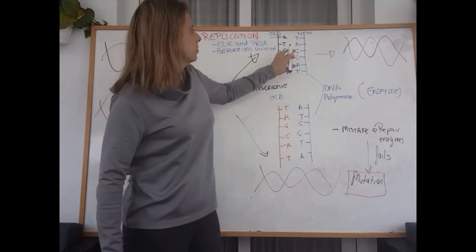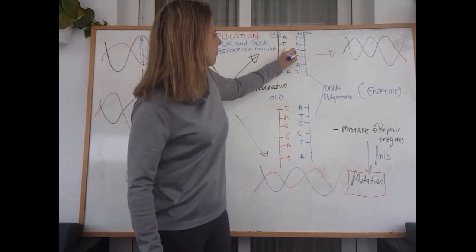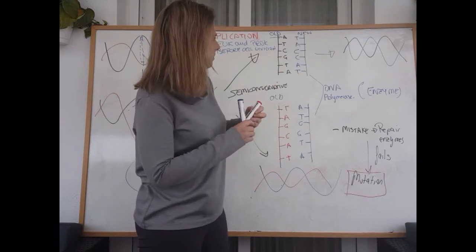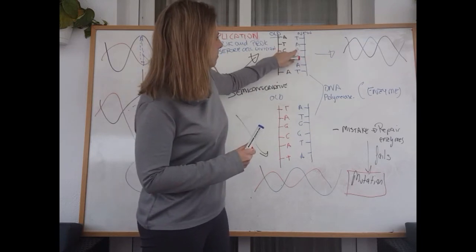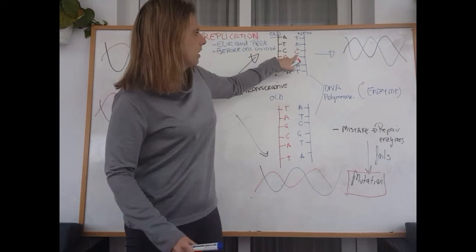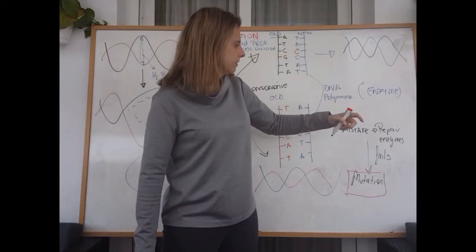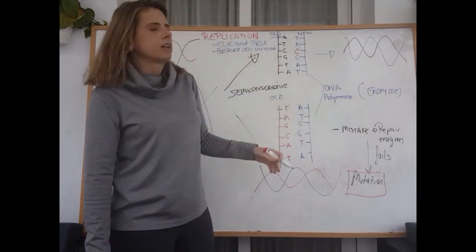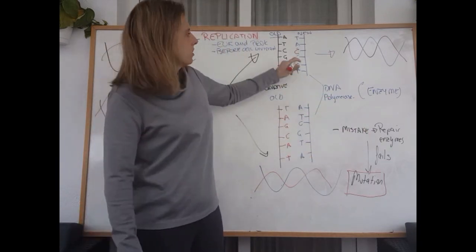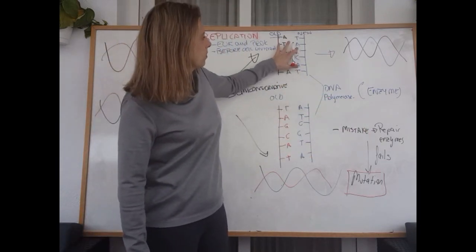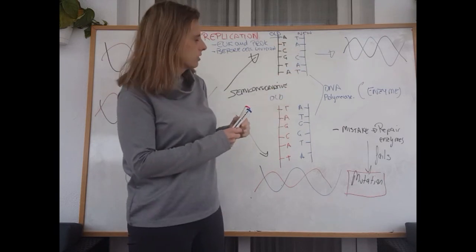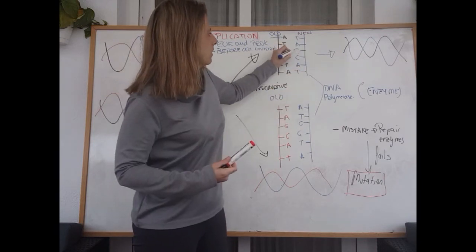And if, for example, you have here, let's put it in red, a cytosine, which is a mistake, this repair enzyme, exonuclease, is going to come here, remove this nucleotide and put the correct one.